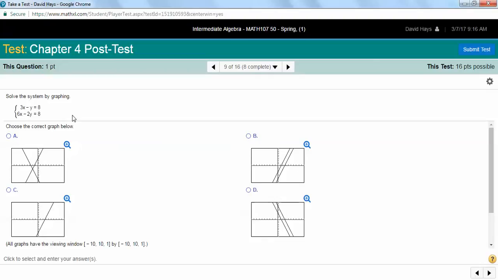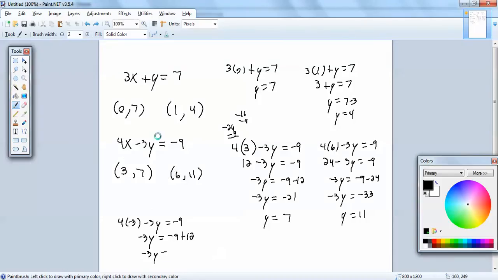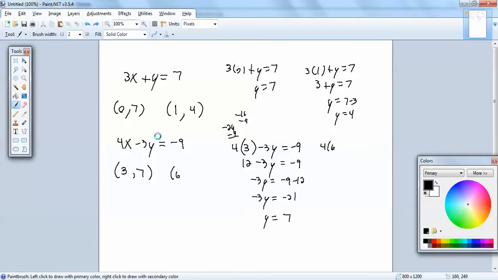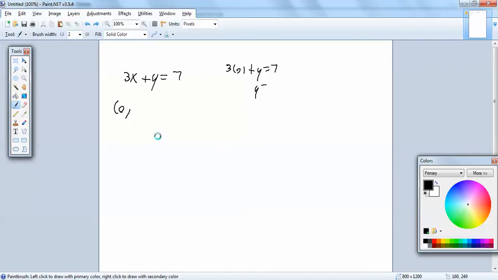Solve this by graphing. 3x minus y is equal to 8. Let me clear this off. Sometimes it's a challenge with online homework systems to get it to what you want.